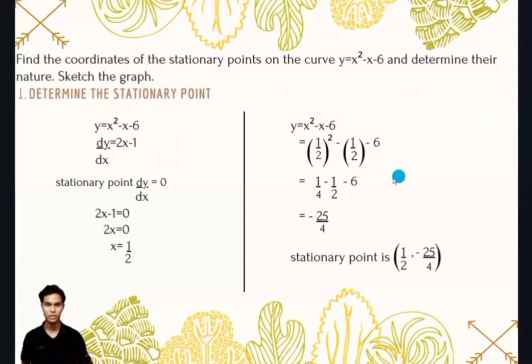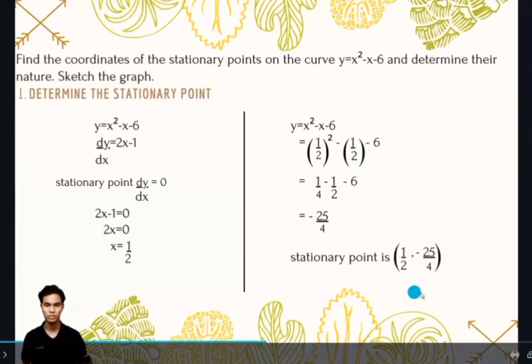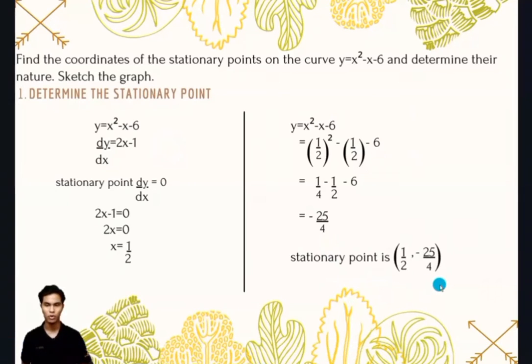We substitute x to 1 over 2. Then it will be 1 over 2 squared minus 1 over 2 minus 6, which will get 1 over 4 minus 1 over 2 minus 6. And lastly, we will get negative 25 over 4. So the stationary point is 1 over 2, negative 25 over 4.